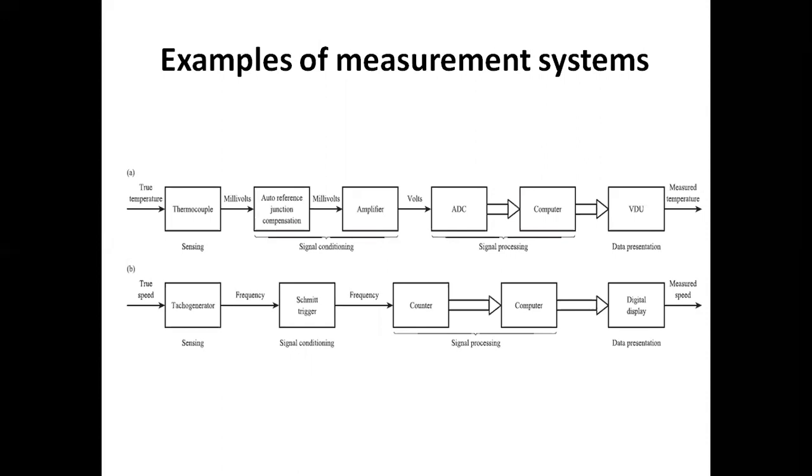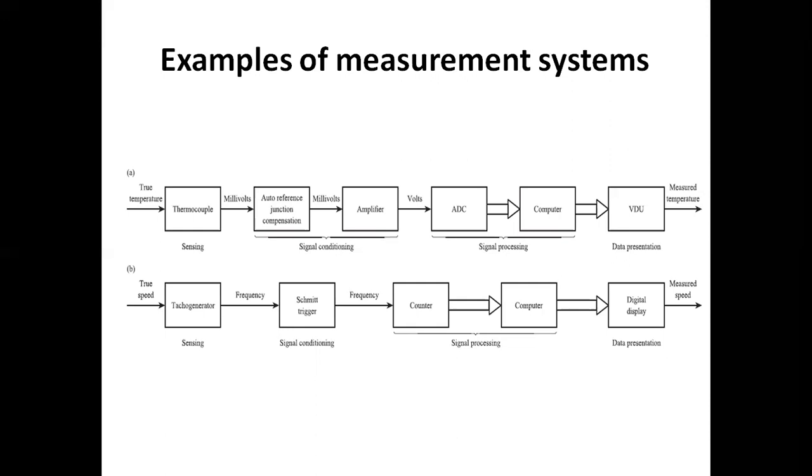And then it goes to the signal conditioning element. There are two signal conditioning elements here. There is the auto reference junction compensation, and we are going to say more about that, but know that it is an example of a signal conditioning element.